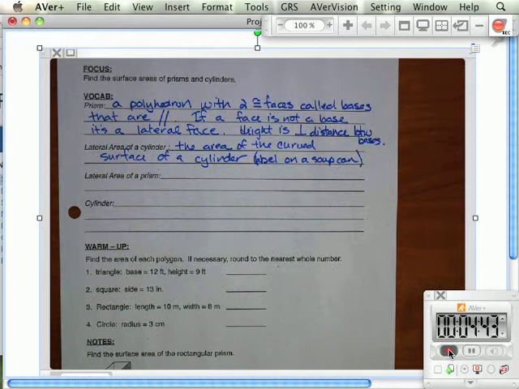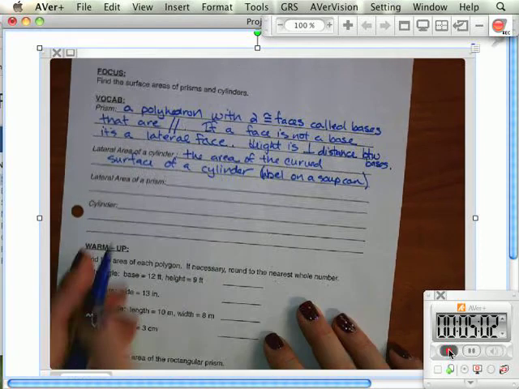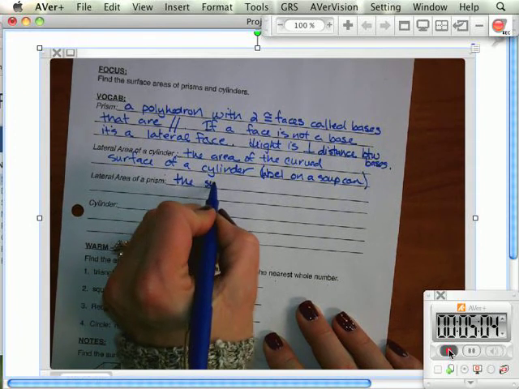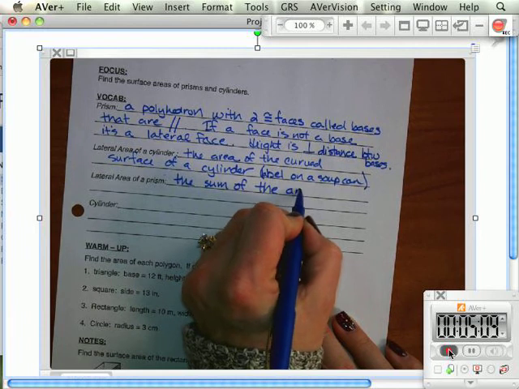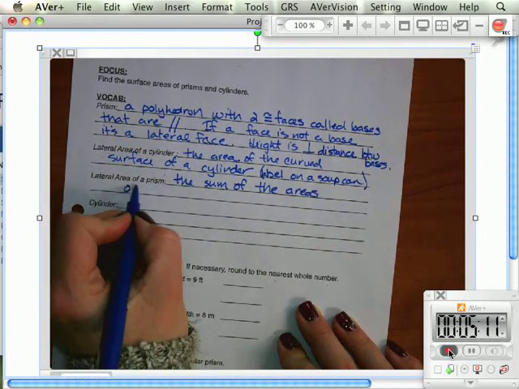All I need to know is the area of the sides or the lateral faces of this column. So the lateral area would just be the total area of these four sides. If I'm making a column, that's the amount of material I need, correct? So, the lateral area of a prism is the sum of the areas of the lateral faces.